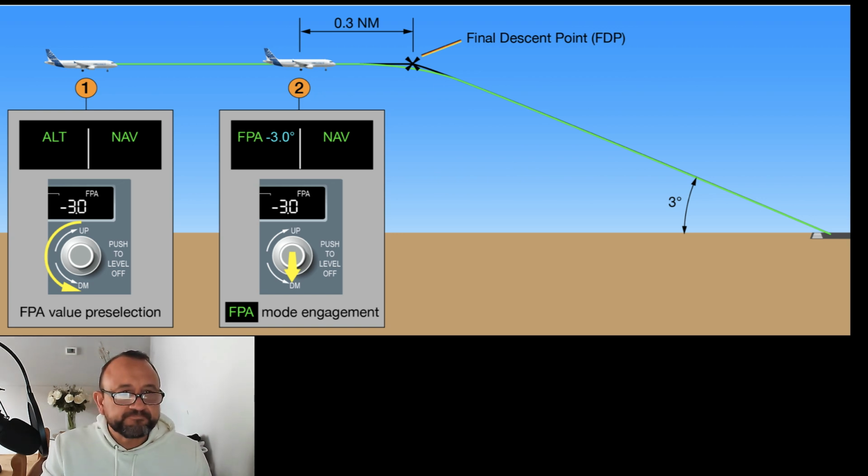Okay, information. The duration of the VS or FPA selected value stored in the memory was increased from 10 seconds to 45 seconds on the 320 family, 330, 40, 50 and 80. It enables the flight crew to pre-select an FPA value earlier while the aircraft flies towards a final descent point during an approach using FPA guidance, in order to anticipate the engagement of FPA when the aircraft reaches the final descent point, as shown in figure 4 here.